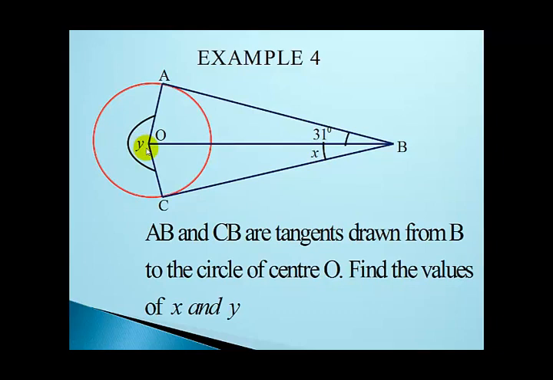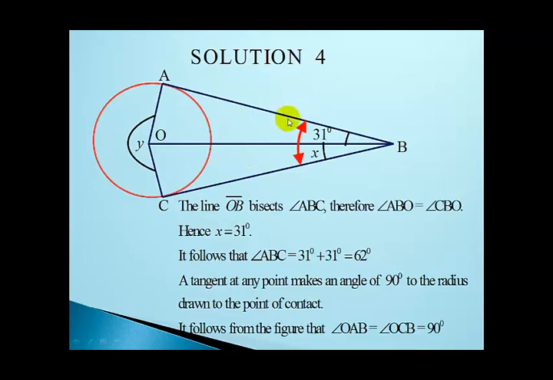Now let's look at the solution to this problem. From the question, we are given this diagram, and we are supposed to solve for the values of x and y.